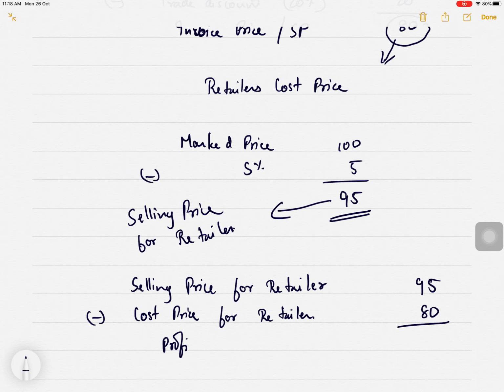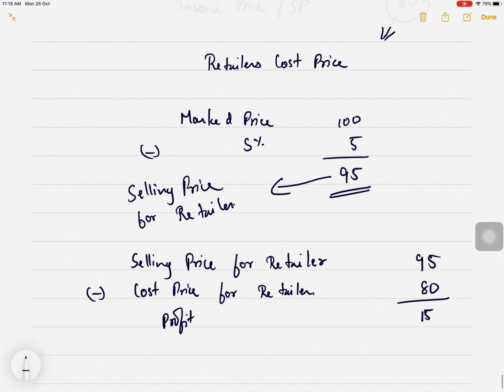So the profit is 15. 95 minus 80 is 15. So the profit made is 15 rupees for the retailer.